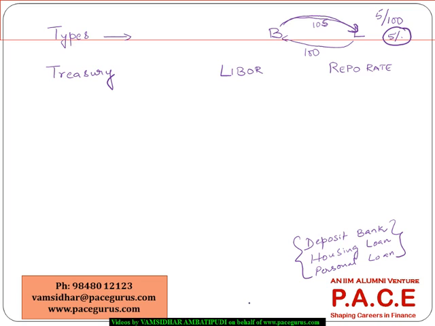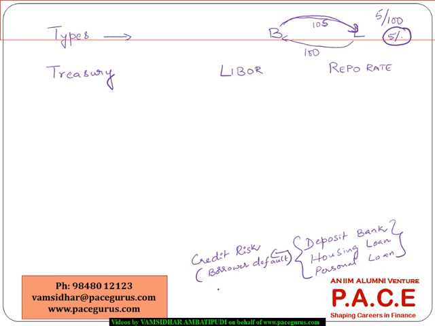But the interest rates are different in each of these cases because of difference in the credit risk that is involved. When I say the credit risk here, we are talking about the possibility that the borrower may default, may not pay the interest and principal on time.